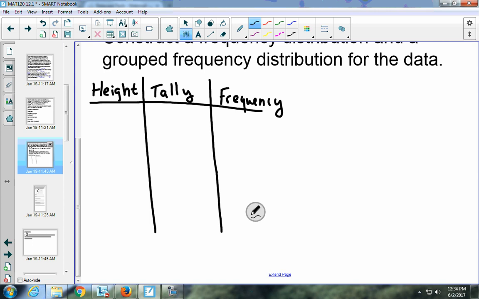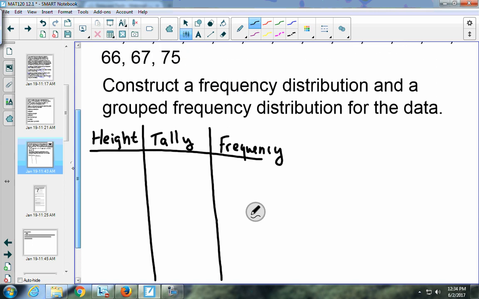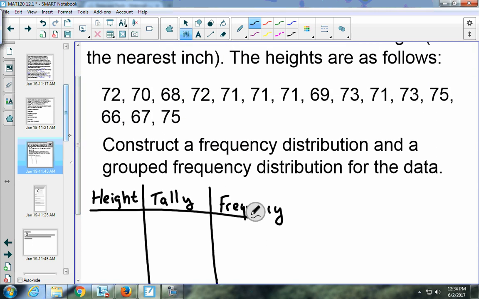When we do this, we need to look for the smallest height and the largest height. So if I scan the data, the smallest height looks to be 66 inches, and the largest height seems to be 75.